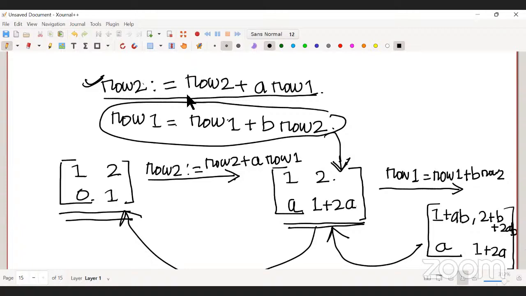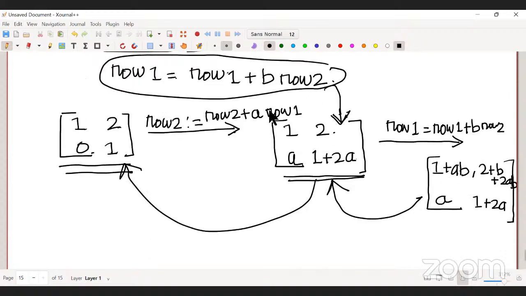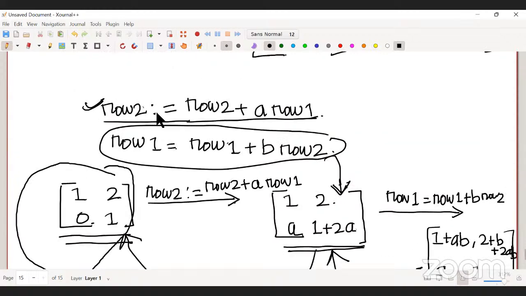Yes. So whatever final matrix you get, if you get it by applying all these things at a single time, then the final determinant will be the same as the determinant of the original matrix. Yes, sir.